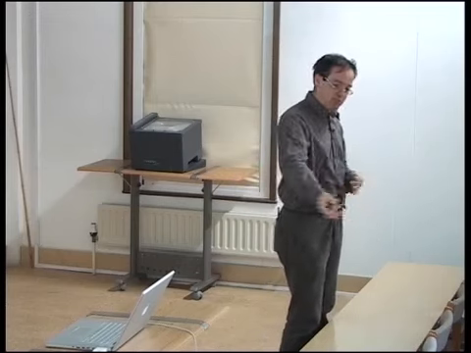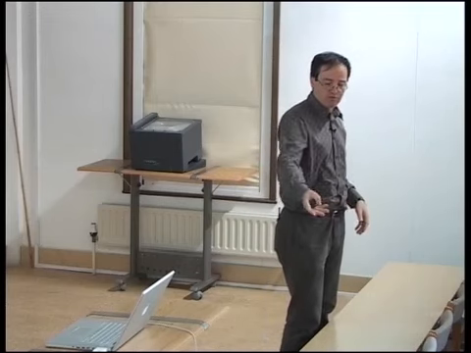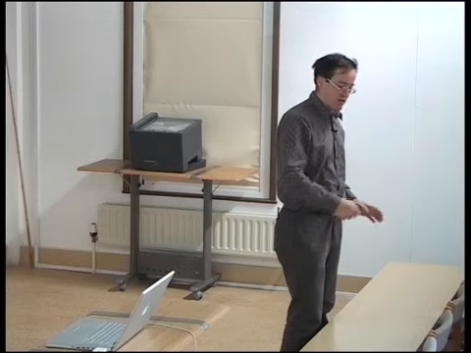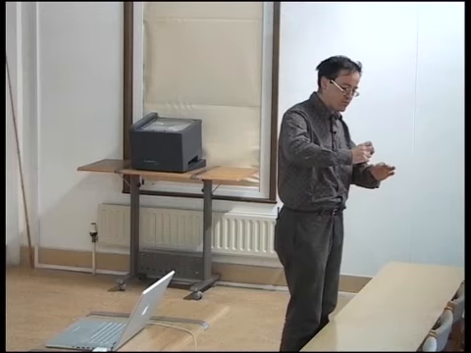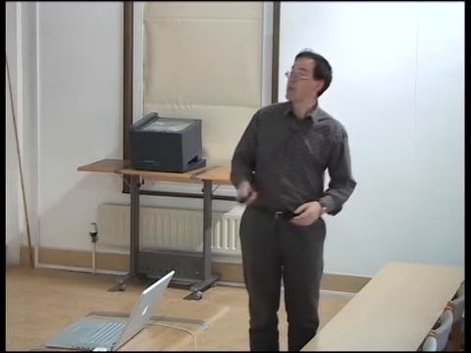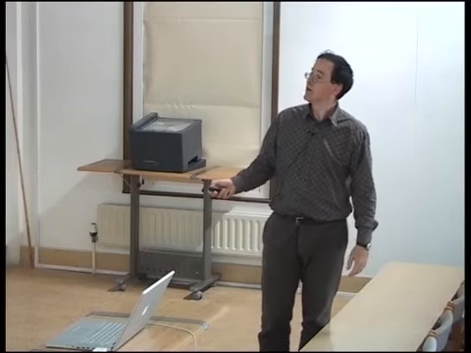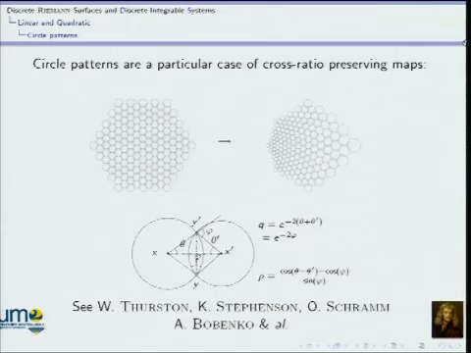You say that this couple is a discrete holomorphic map if each circle is sent to one circle and two neighboring circles intersect with the same angle. You have two neighboring circles and some intersection angles.